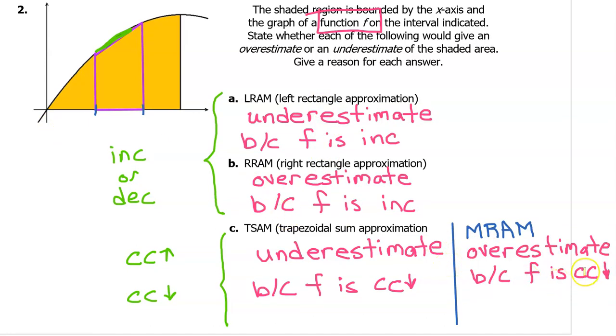Again, you don't need to memorize all of this. Just memorize that when you're dealing with the rectangle methods, it's all about increasing or decreasing. Is the function increasing or decreasing? If you're dealing with the other two methods, just memorize that those are all about concavity of the function.